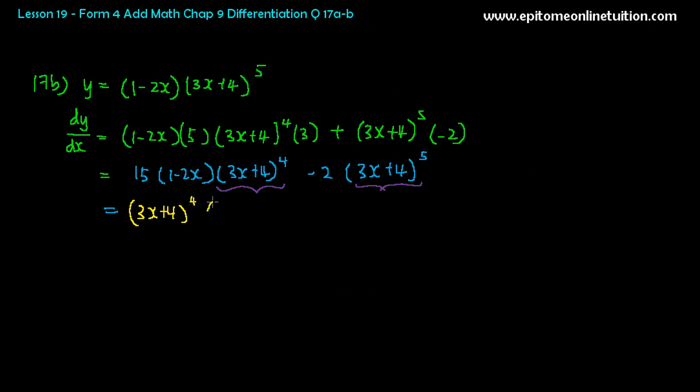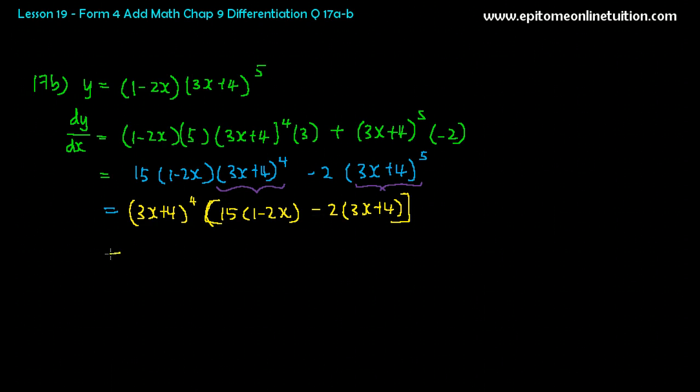So after factorizing this, what is left in the term is 15(1 - 2x), and after taking out (3x + 4)^4, what is left is negative 2 and 1, (3x + 4).